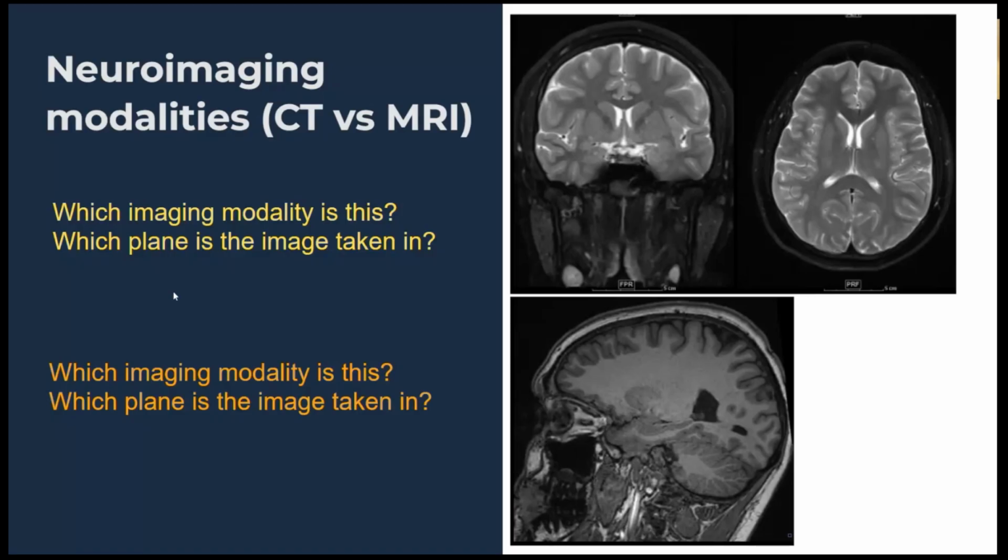Yeah, that's good, T1 MRI. And then the second one, if you could put in the chat whether that's an MRI or a CT, and then which plane it is as well.